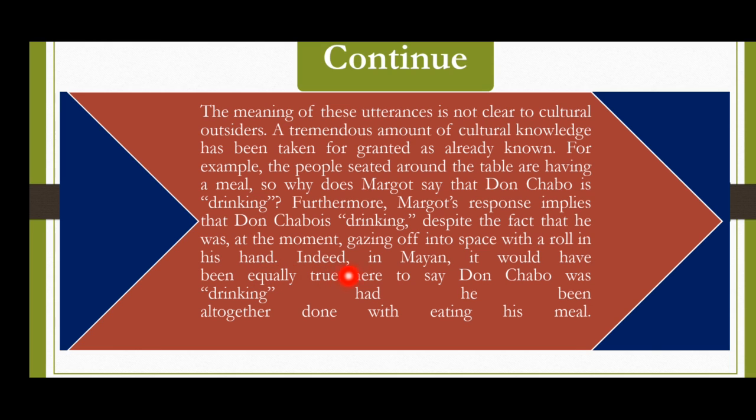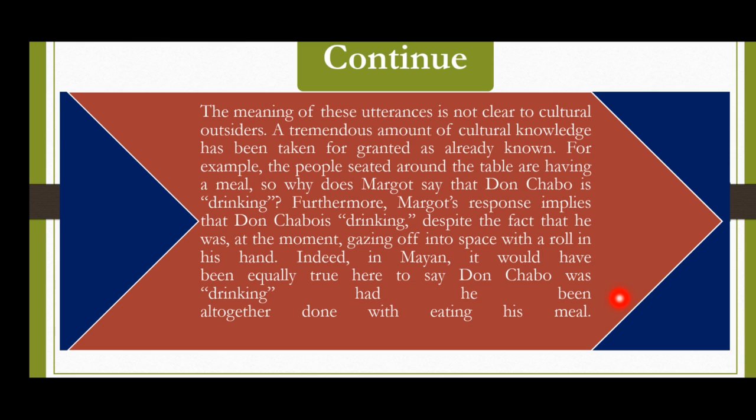And indeed, in Mayan, it would have been equally true to say that Don Chebu was drinking had he been altogether done with eating his meal. If he has done his meal, then why is she saying that he is drinking? This is a question. Question number one: if he is taking a meal, why does she say that he is drinking?